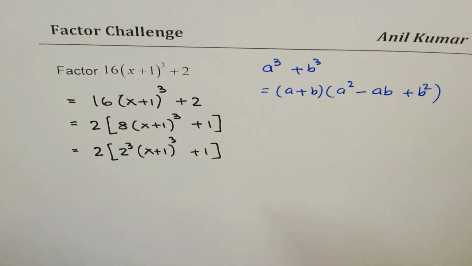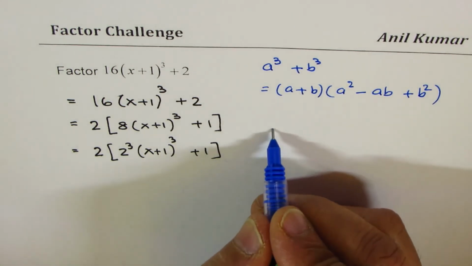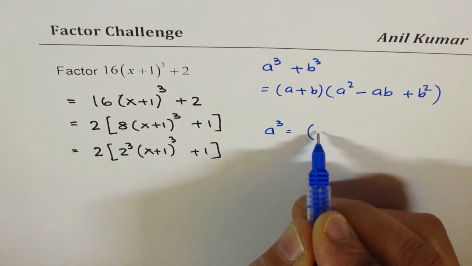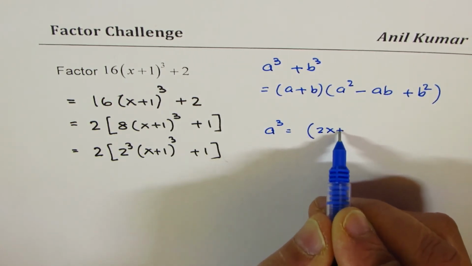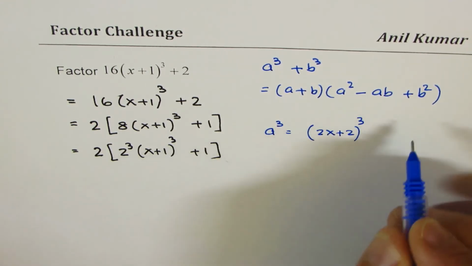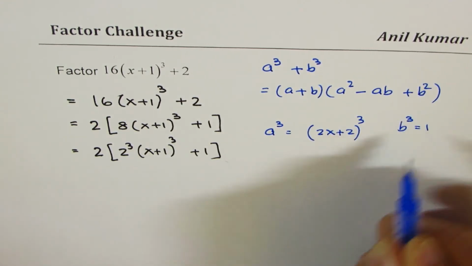See, this is your a cube. So in our case, a cube basically is (2x plus 2) whole cube. Do you see that? That is a cube. And b cube is 1.